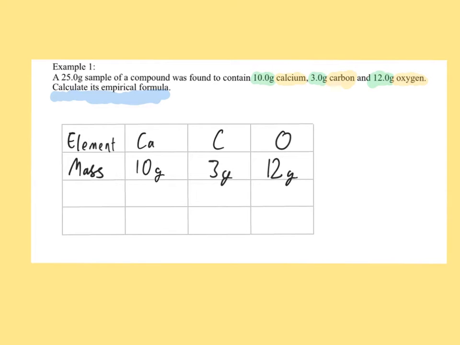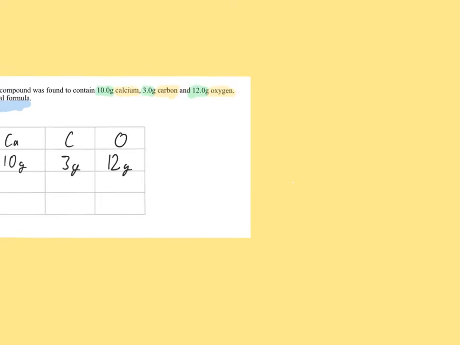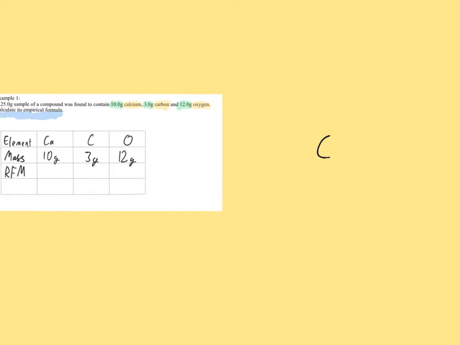Now to do the empirical formula, you're going to need to know the RFM, which, to get the RFM on a C12 carbon atom, is this number, the biggest number, which is also the atomic mass.